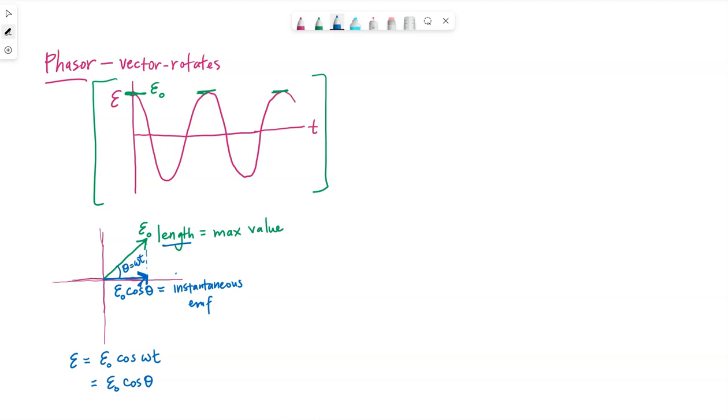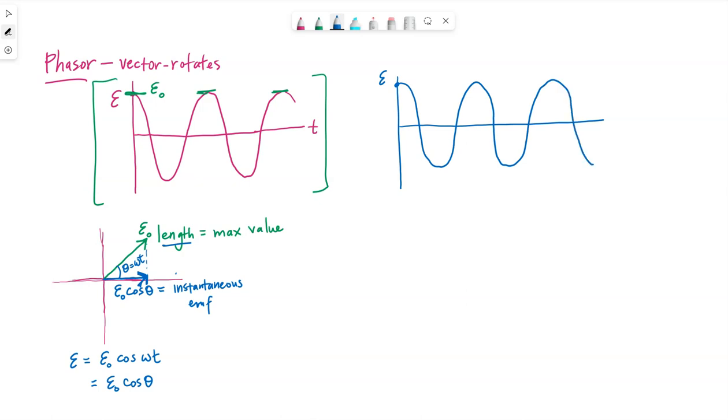Okay, so if we wanted to estimate roughly, I'm just drawing my EMF function again to represent my EMF as a function of time. If I draw my phasor at time equals 0, I know the instantaneous value at this moment in time is the maximum source voltage.